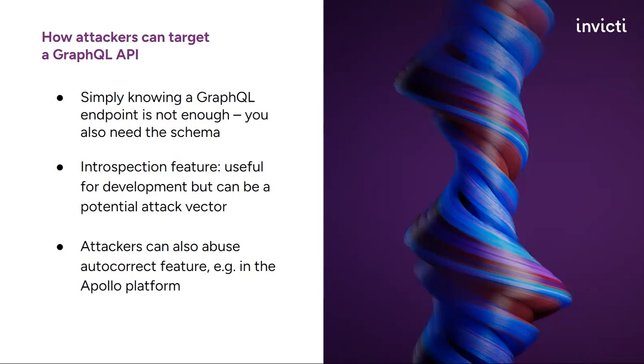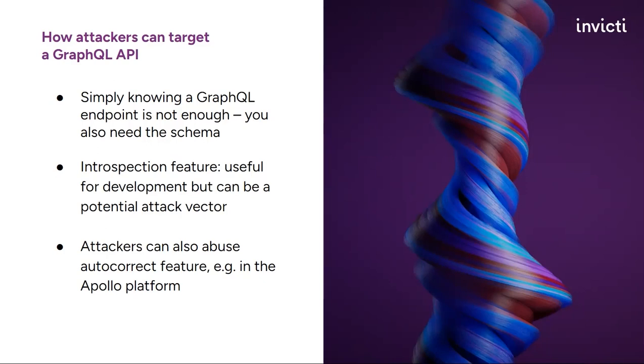And this is by abusing the GraphQL autocorrect feature that some of the frameworks have. These are usually used for correcting spelling mistakes, but attackers can also abuse them if they don't know the exact name of a query or field, and they will just brute force the application with a series of very short inputs.